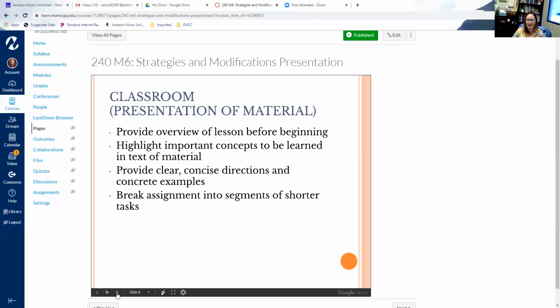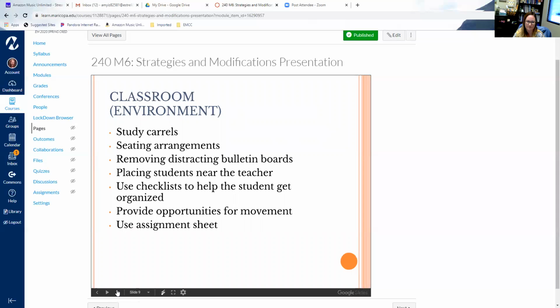Maybe we need to highlight some important concepts that they need to know before going into the lesson. Maybe we have to divide everything into parts to give them very specific directions and steps so that they can do the same task, but they just need to do it in a broken up way versus just having the whole thing assigned to them.